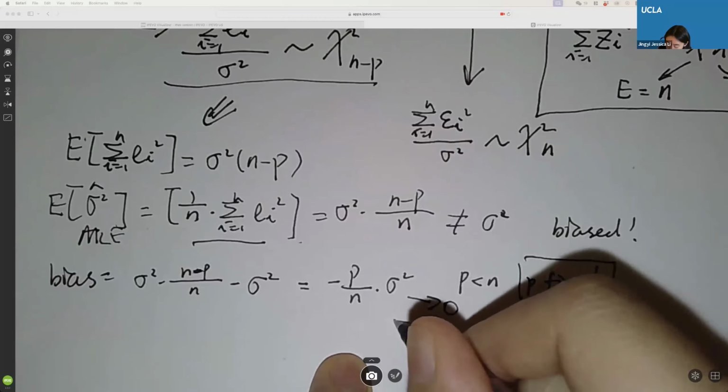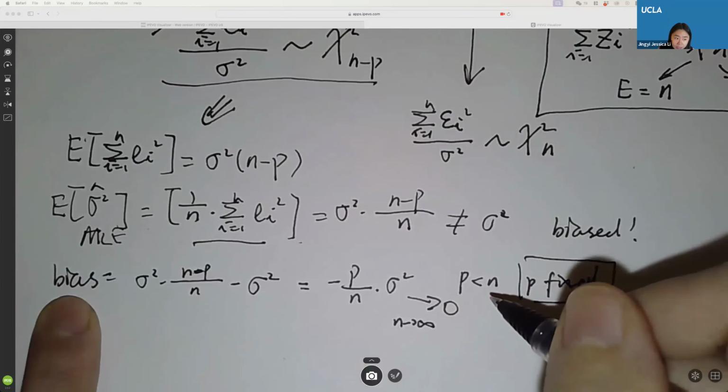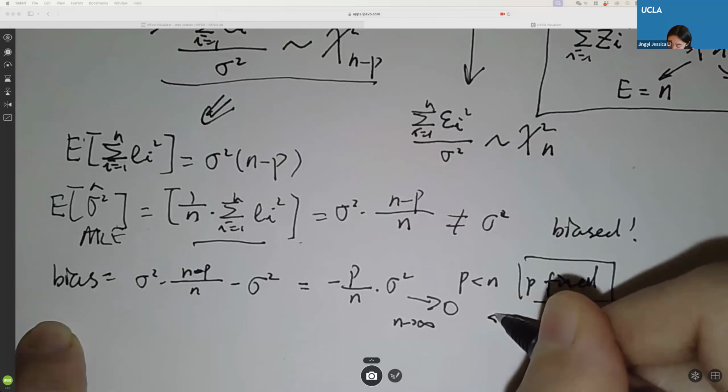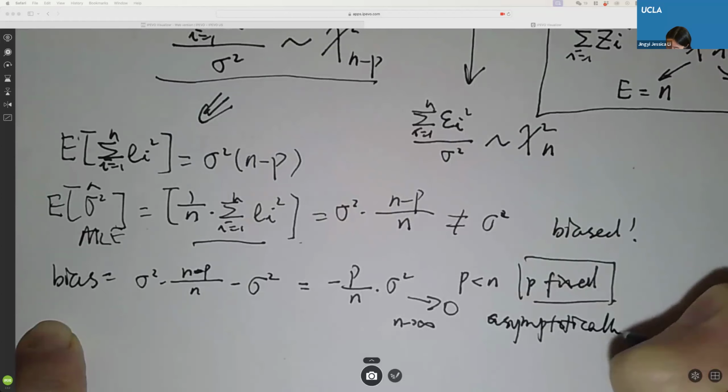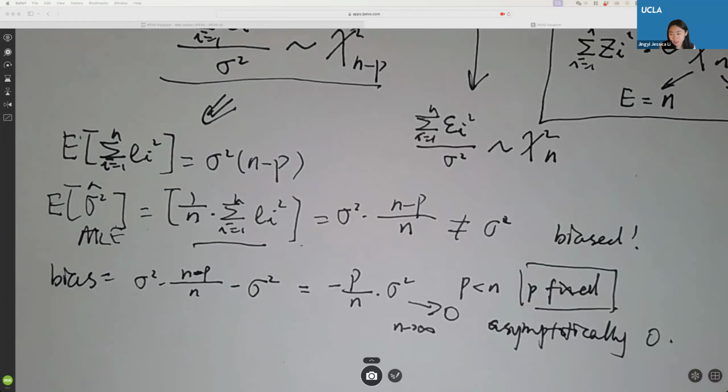So that's why this bias is called asymptotically 0. Or we can say the MLE estimator is asymptotically biased, when n goes to infinity, it's unbiased. It's asymptotically unbiased.